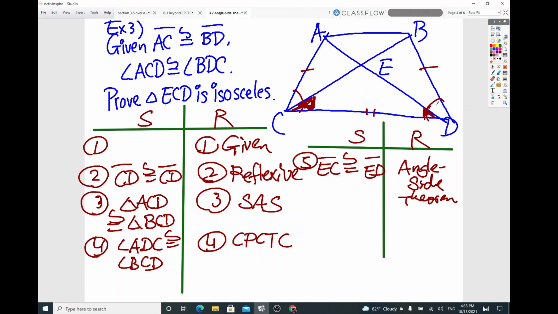If the base angles are congruent, the corresponding segments have to be congruent as well. And therefore, triangle ECD is isosceles. The reason for that one is the definition of an isosceles triangle.